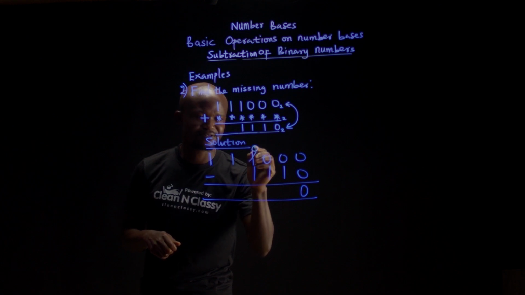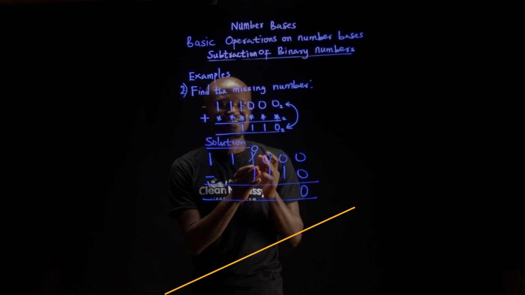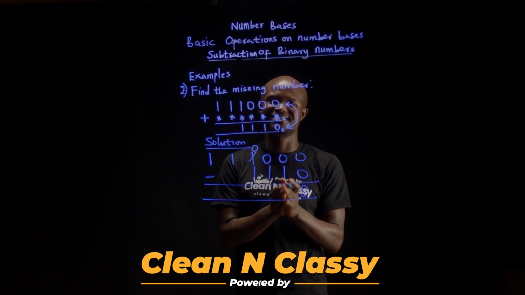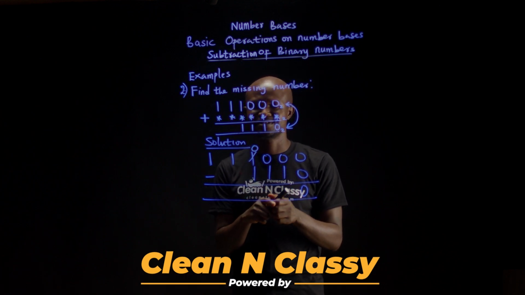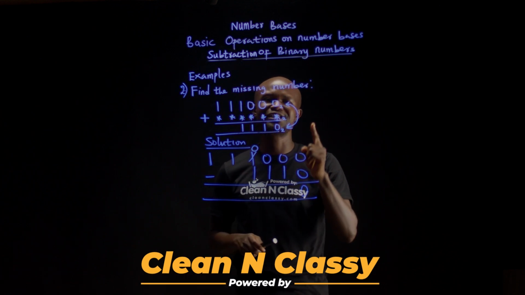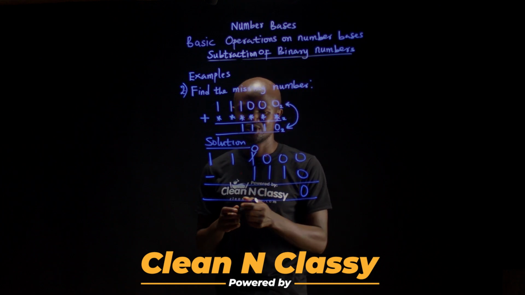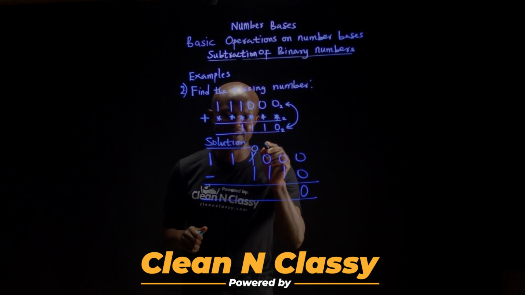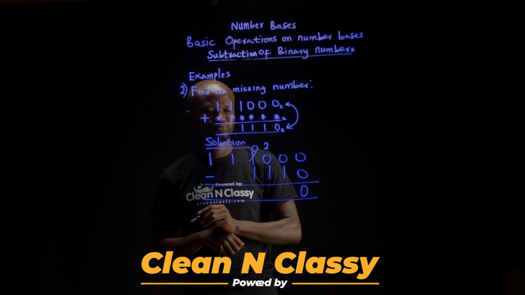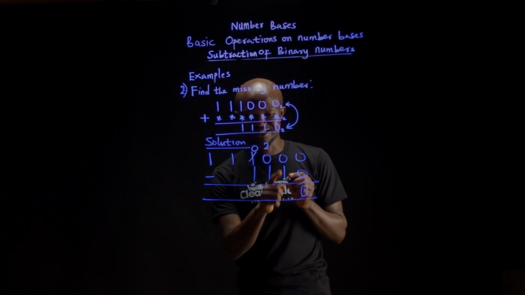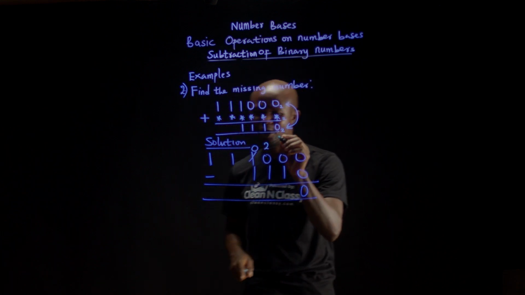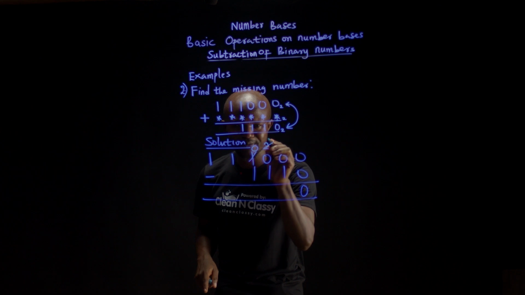We have 0. Then under number bases, once you borrow 1, you are borrowing the base. And this is base 2. So once you borrow 1 from here, it means you are borrowing 2. Then look at, you are still coming back to here. So you need to borrow from these 2 also. It will remain 1.